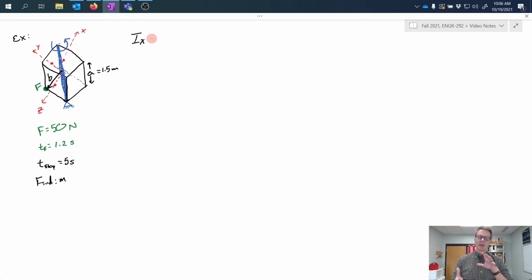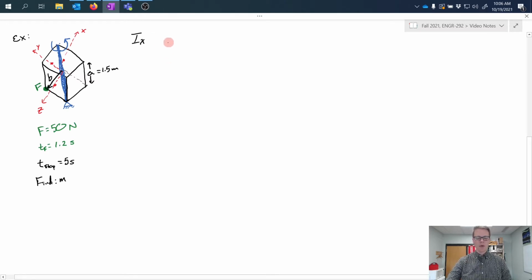The object has symmetry in all three directions, so we can compute the mass moment of inertia about any axis that passes through the centroid, and it'll be the same for all axes that pass through the centroid. So we have some advantages there of the symmetry that we can make use of.